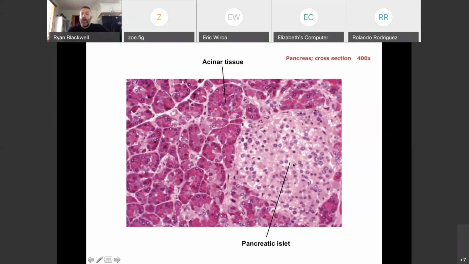It's in the islets where we find the cells that make insulin and glucagon to regulate blood glucose levels. 99% of your pancreas is made up of acinar cells, which are the cells that produce digestive enzymes. Hormones produced by cells in the islets get secreted into the bloodstream. The digestive enzymes produced by these acinar cells ultimately get secreted into the duodenum through the pancreatic duct.